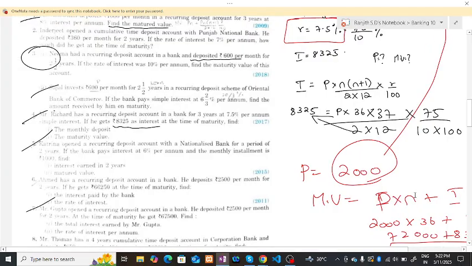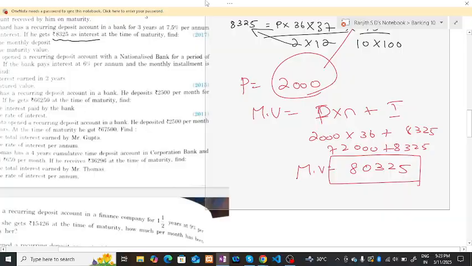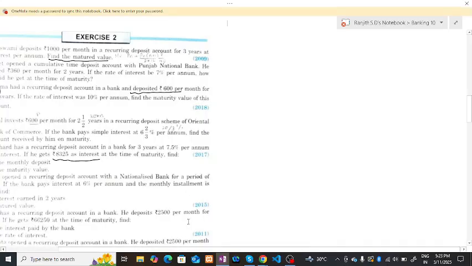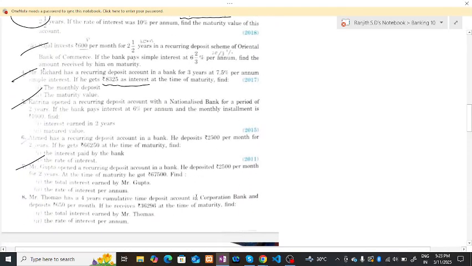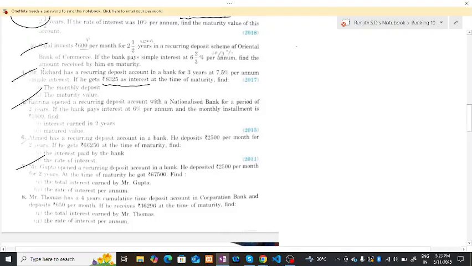Fourth question, fifth question, what is given? Yusra, read out the fifth one and tell me the data. What are the data given? Yes, sir, the time is given.